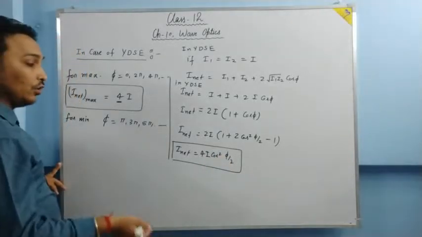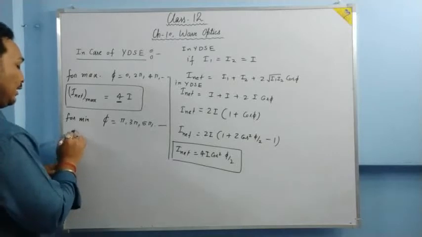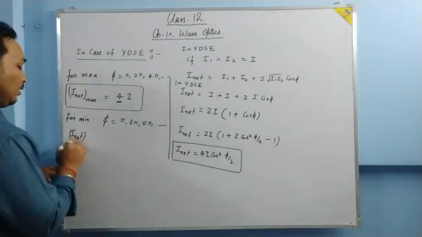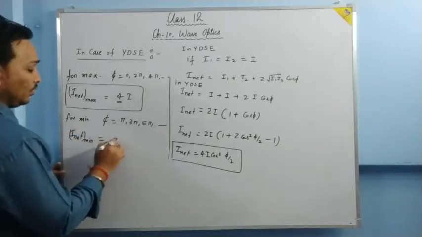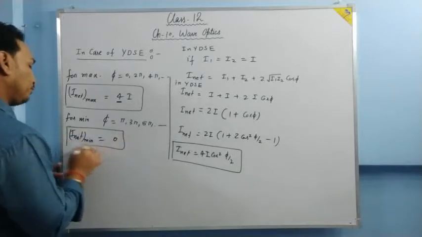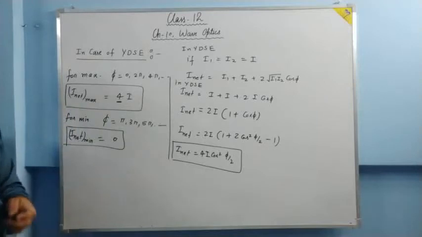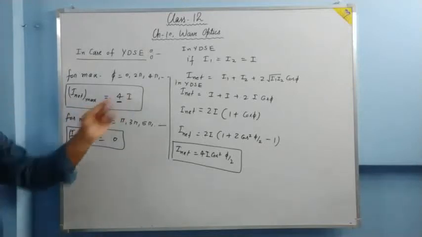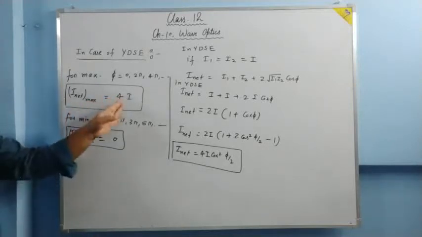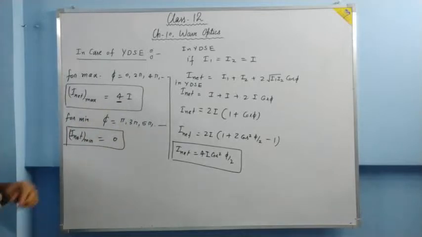The square of 0 will become 0 only. Then I net at minimum is equal to 0. In Young's double slit experiment, the intensity at maxima is 4I, 4 times the intensity from one slit, whereas intensity at minimum is 0. Means it will become perfectly dark.